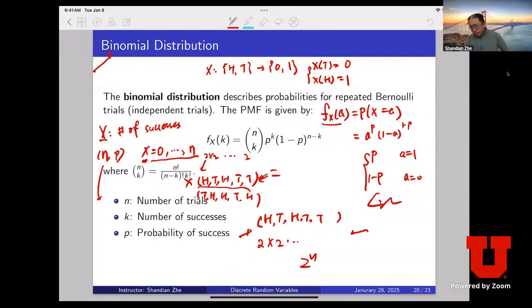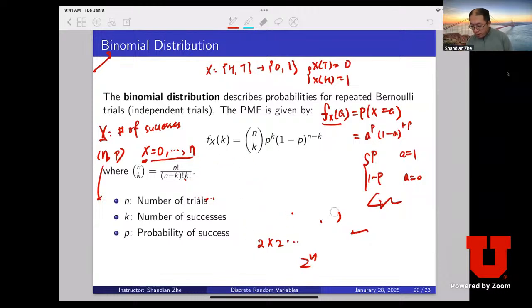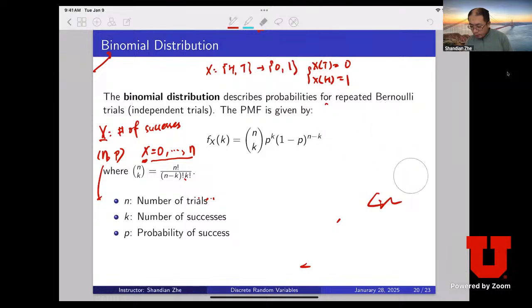Okay, so we spent quite a while in the last lecture to derive the probability mass function, right? We're not going to repeat the derivation again. Here we just want to refresh our mind of the closed form of the probability mass function.